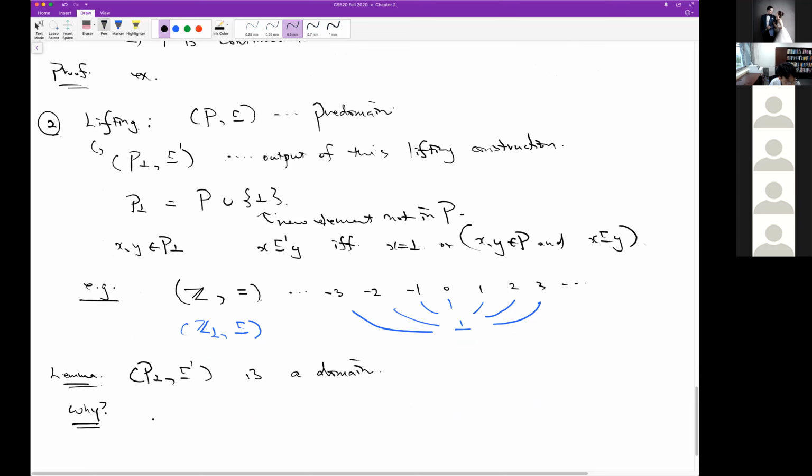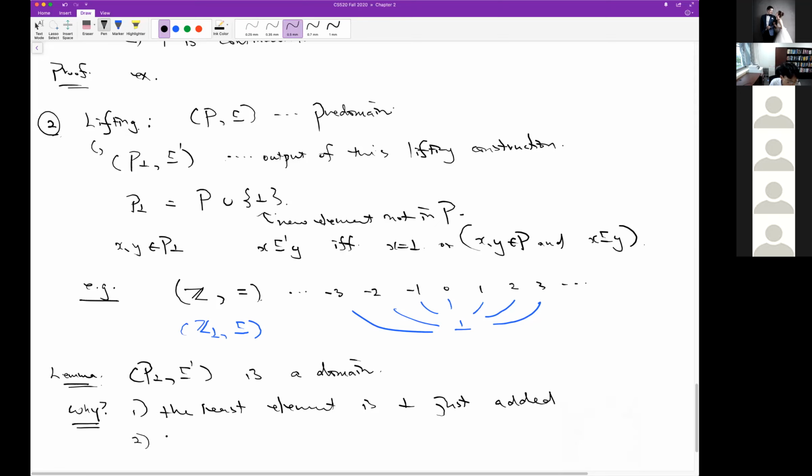The smallest element is something that we just added, bottom.